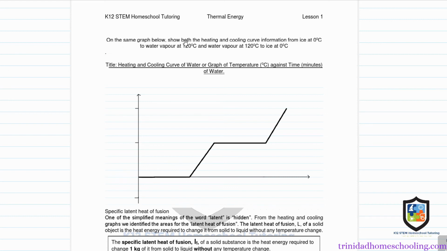So on the same graph below, we're going to show both the heating and cooling curve information from ice at 0 degrees Celsius to water vapor at 120 degrees Celsius, and water vapor at 120 degrees Celsius to ice at 0 degrees Celsius. So the first thing you want to do is label your axes.